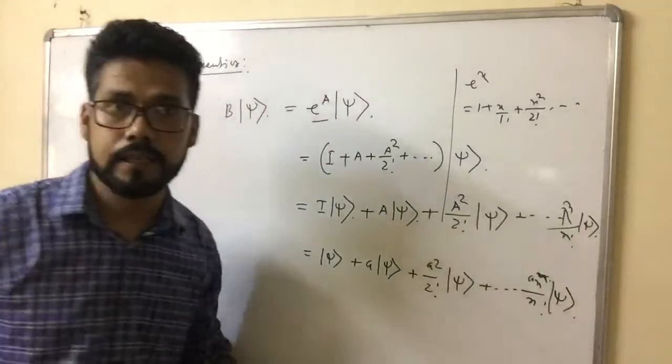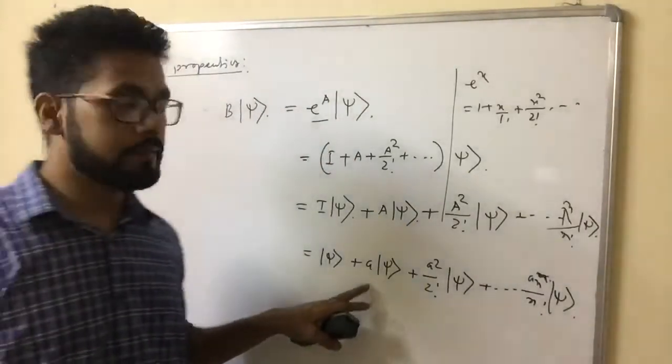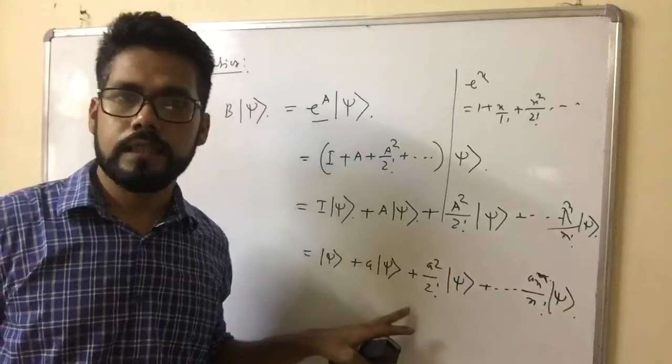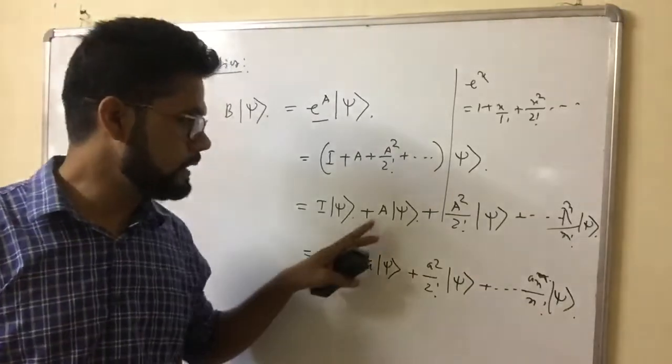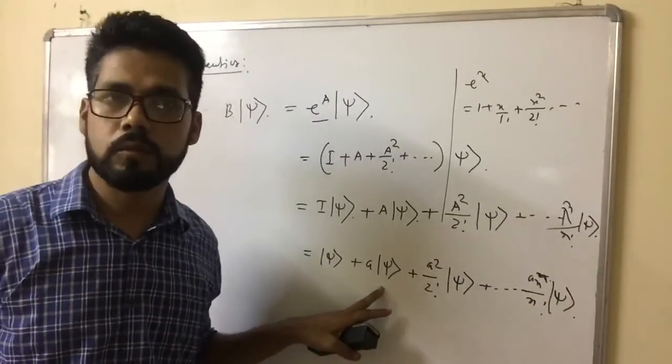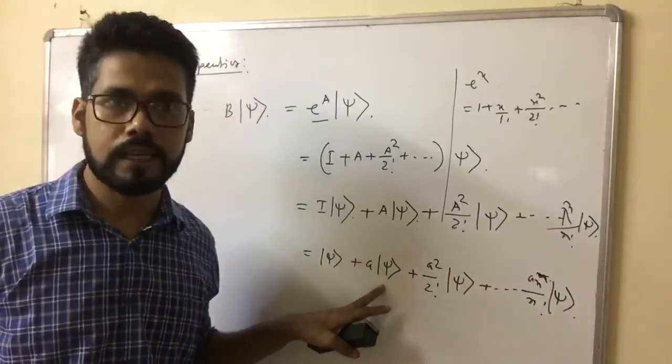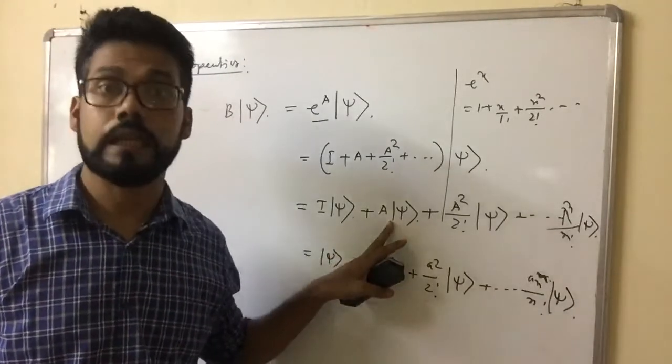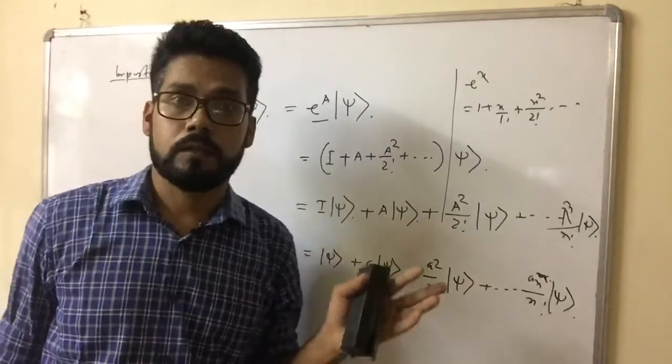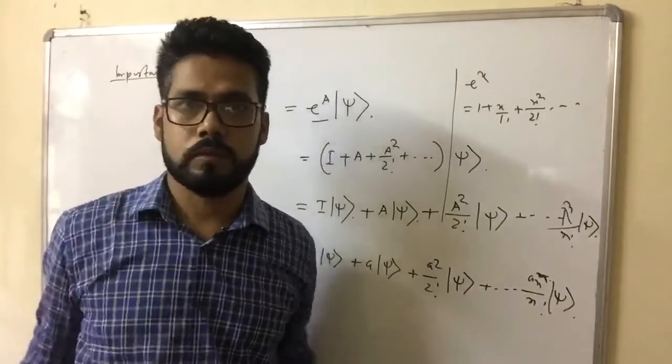So after the operation, we will get the eigenvalue. That is why, in place of the operator, small a is nothing but an eigenvalue. Don't think that small a is an operator. Small a is an eigenvalue of the capital A operator. Capital A is any operator, it may be the momentum operator, we don't know.